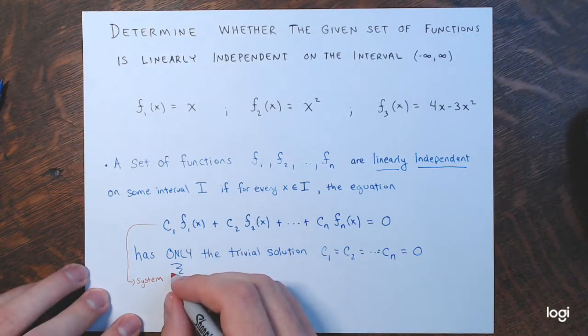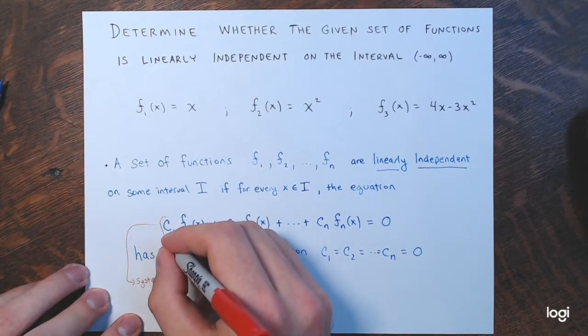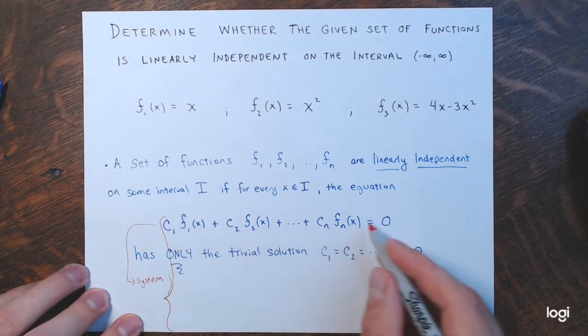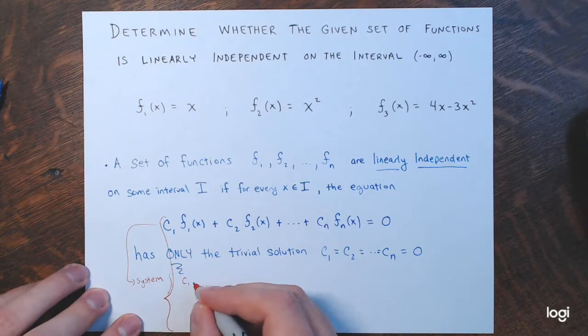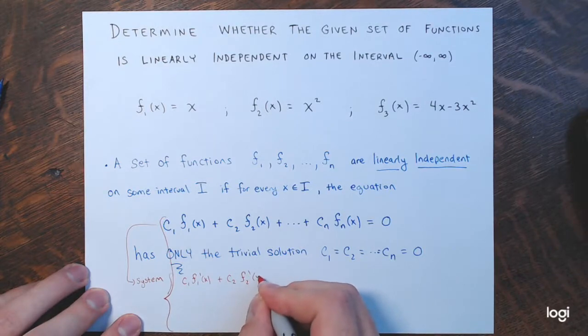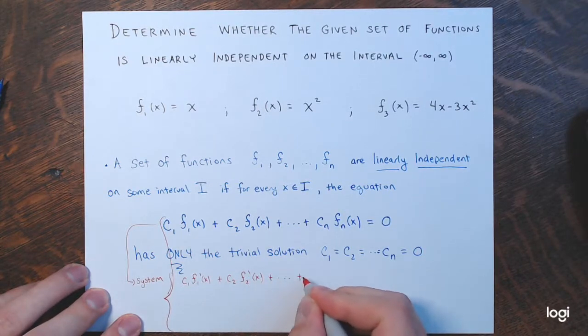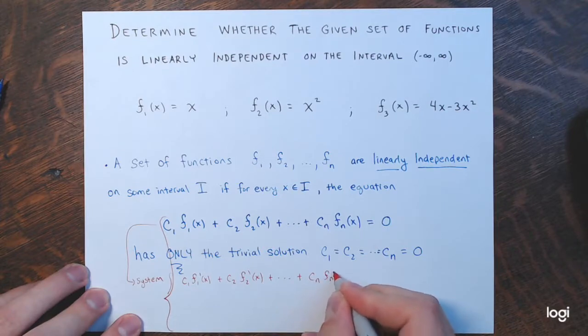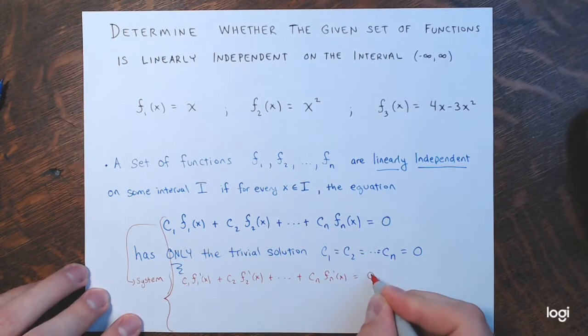And that system will consist of this equation that I started with, and then you have c1 times f1 prime of x plus c2 times f2 prime plus cn times fn prime equals 0. The derivative of 0 would be 0.